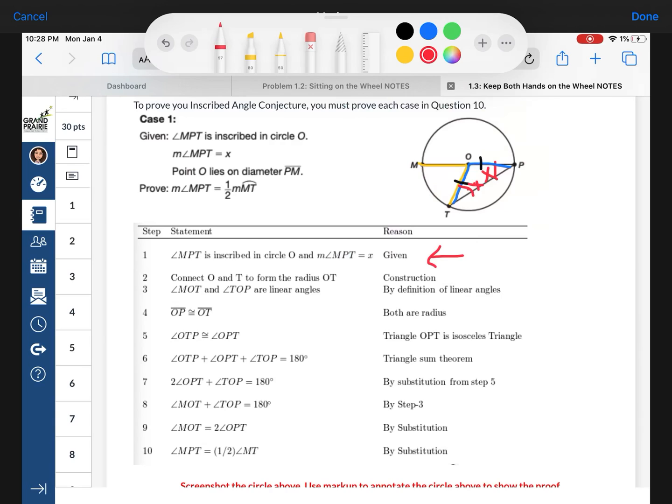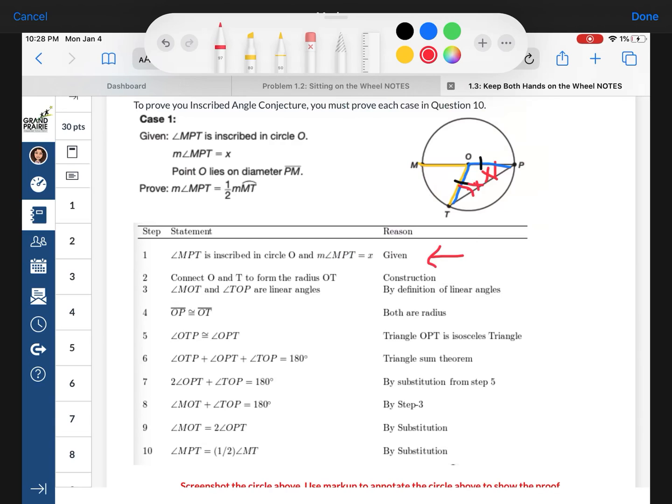We're just going to keep angle OPT and put a 2 there because it's twice the same thing. This is by substitution from step 5. Moving on to step 8, it says that the measure of angle MOT plus the measure of angle TOP is equal to 180 degrees. And this is by step 3. We already discussed why: linear pairs add up to 180 degrees.